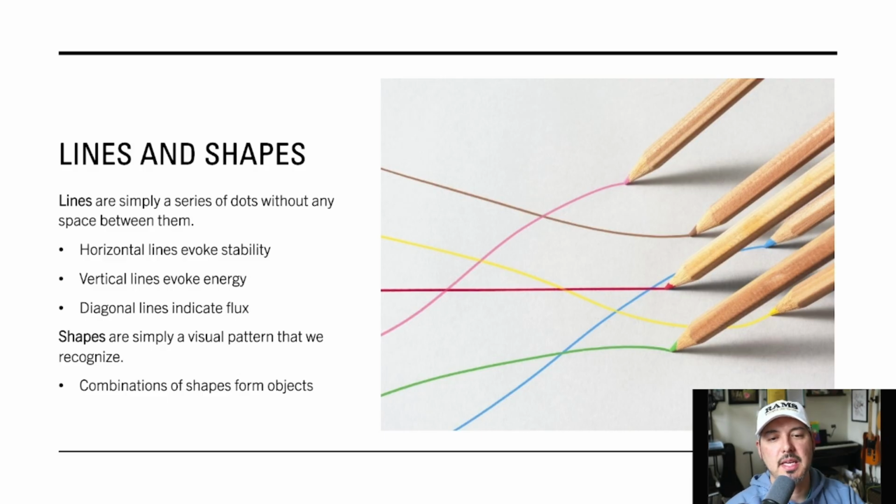So shapes, it's generally a pattern that we can recognize to make sense of things around us, so that we can look out and see, okay, there's a lake, there's a mountain, there's the sky, there's the sun. The sun is roughly circular, that mountain is roughly triangular, the ground is roughly rectangular, that lake is roughly circular or an oval shape.